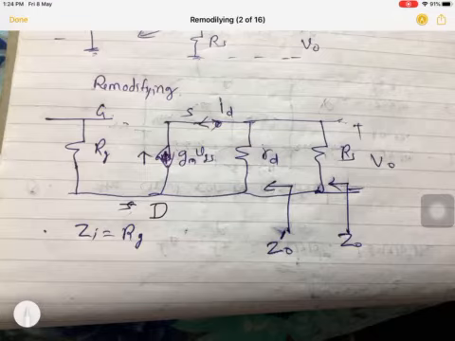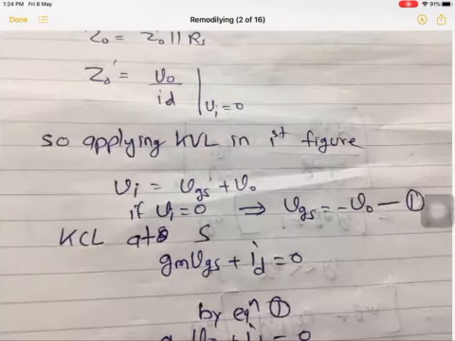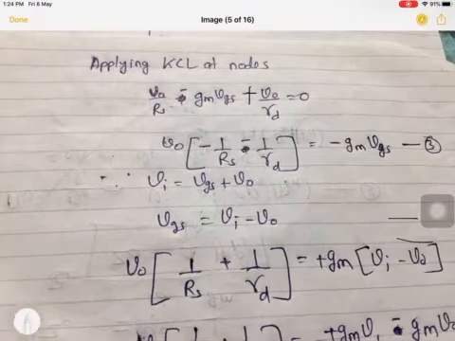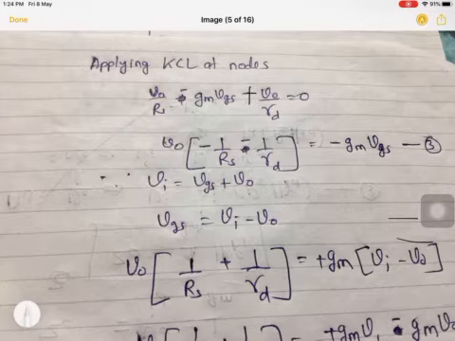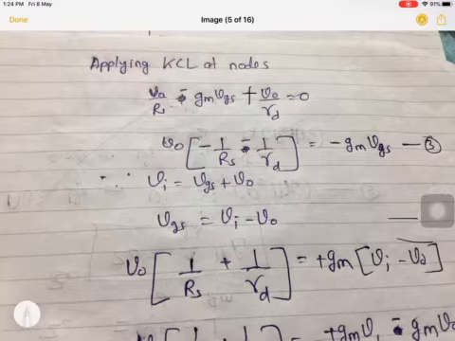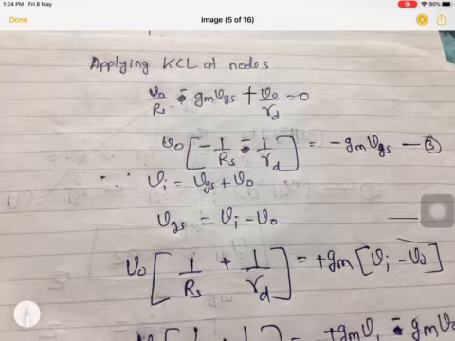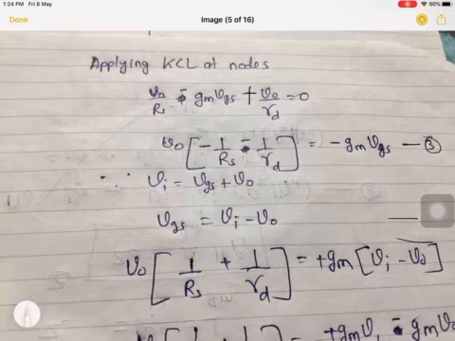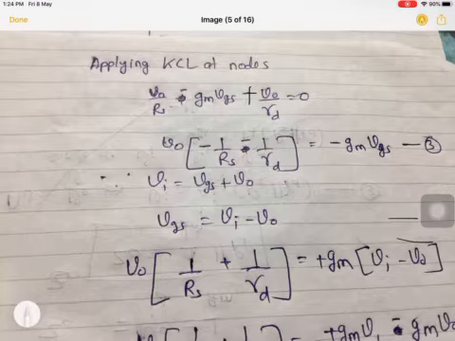So I am writing V0 by RS plus V0 by RD minus gm VGS equals 0. Taking V0 common, V0 times (1 by RS plus 1 by RD) equals gm VGS. Then, since we know Vi is equal to VGS plus V0, VGS will be Vi minus V0. Putting the value of VGS in this equation, V0 times (1 by RS plus 1 by RD) equals gm times (Vi minus V0).